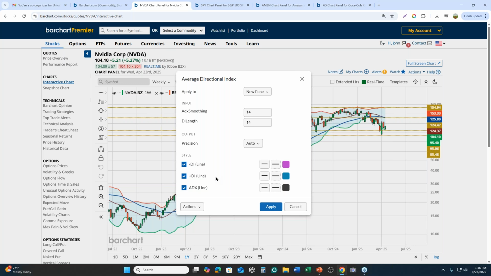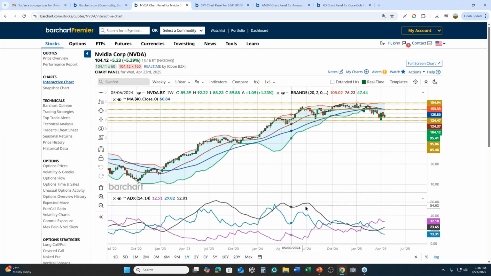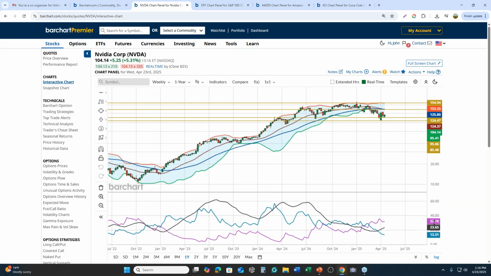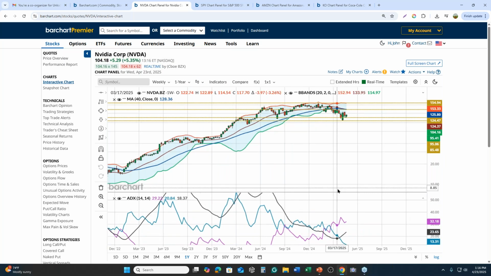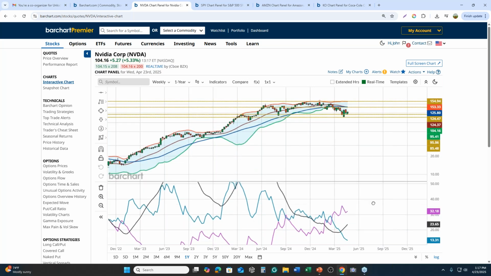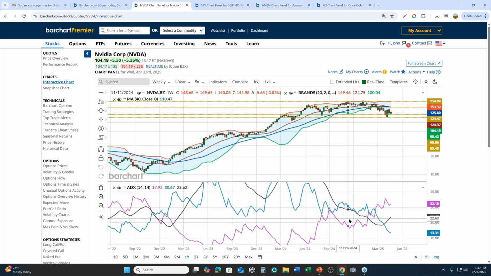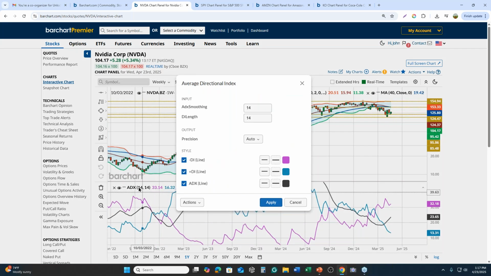Now, Welles Wilder, the creator of the ADX, goes on to tell us that in terms of confirming a trend, he likes to see the DI line above 25 and the ADX above 20. Now, if I add this to our chart, what I see here is our purple, which represents our negative DI, is running around 32.